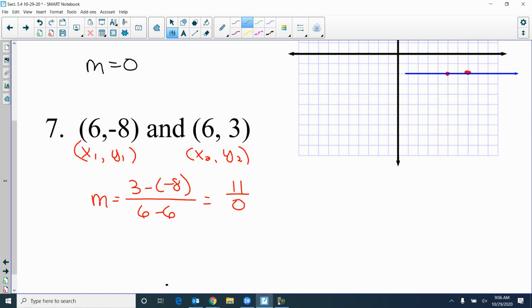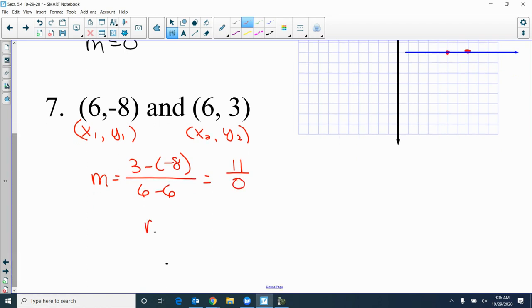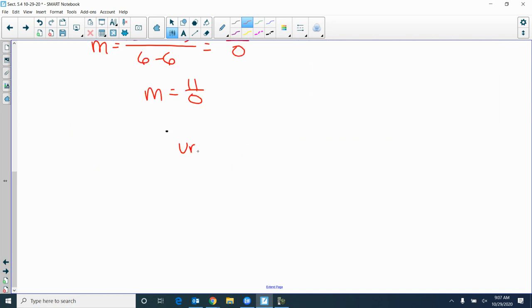Okay, again, if you say m equals 11 over 0, we can't divide by zero, right? Undefined. This is undefined. It's an undefined line.